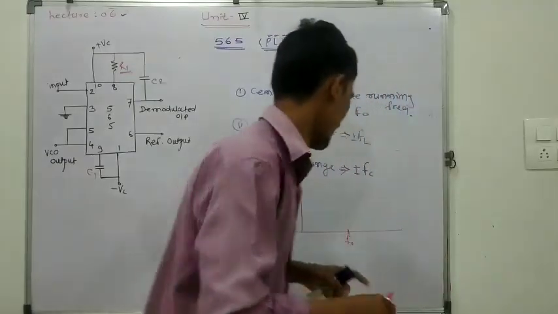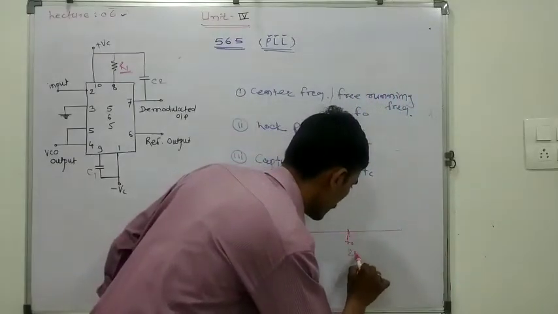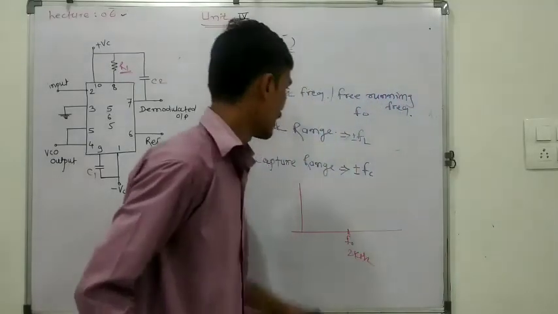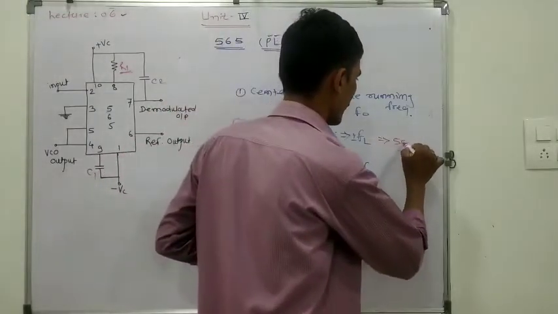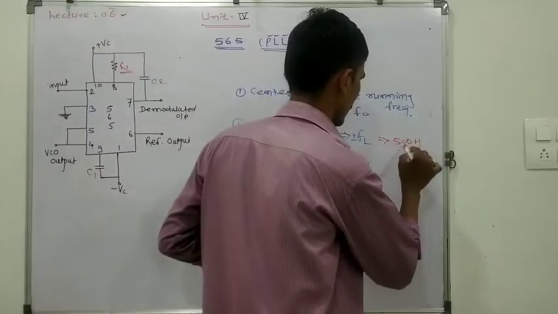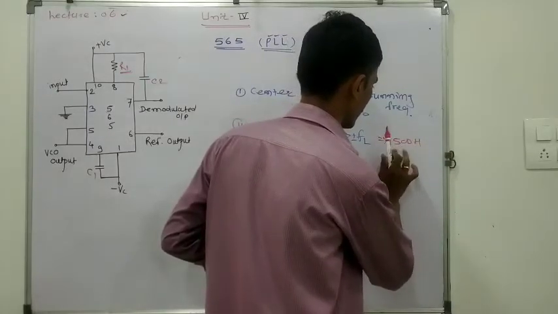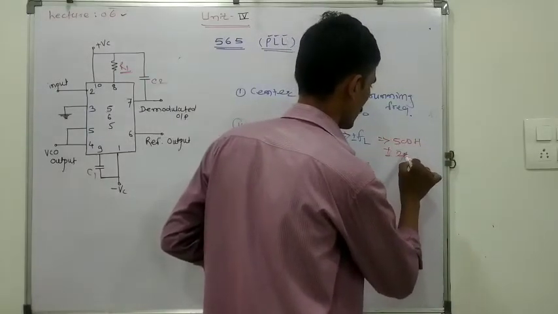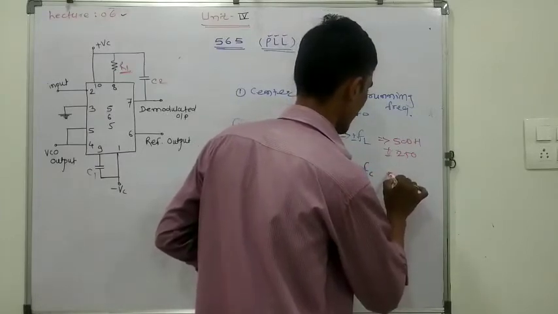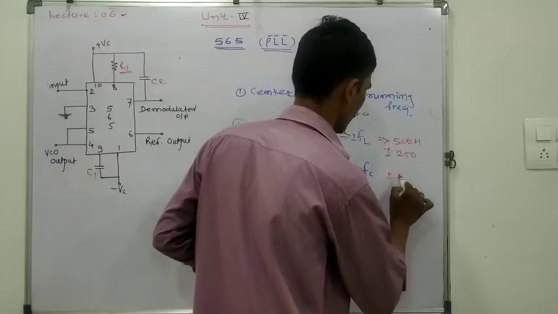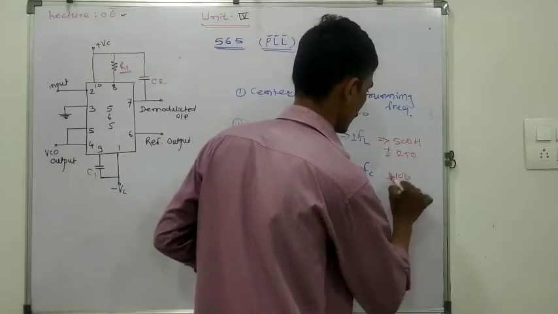For example, if I have a frequency of 2 kilohertz, and the lock range is, for example, 500 hertz, that is plus minus 250 hertz, and the capture range is, for example, plus minus 100.